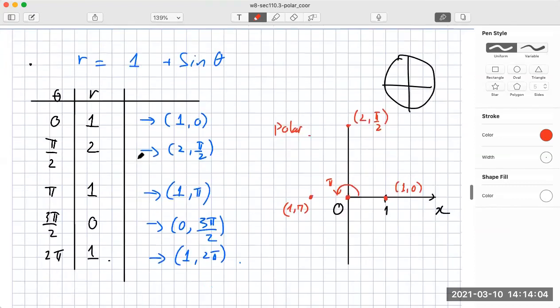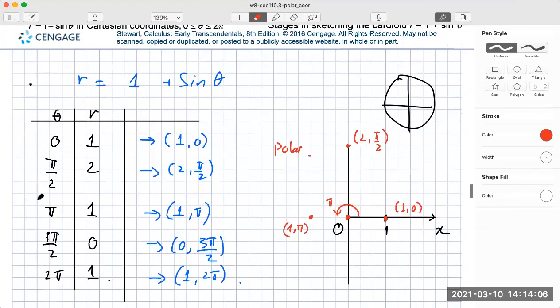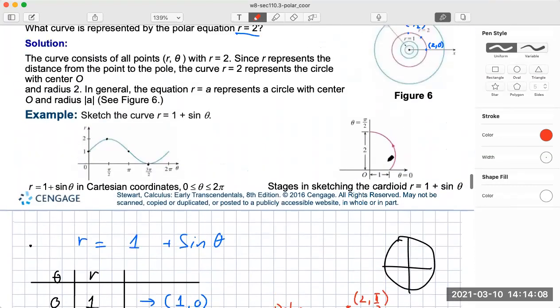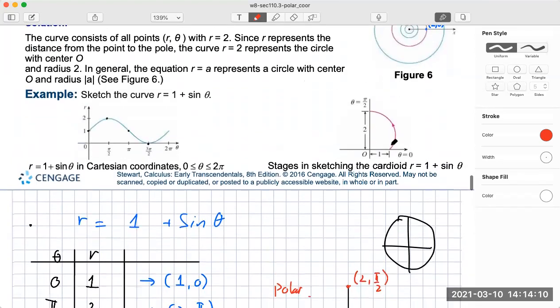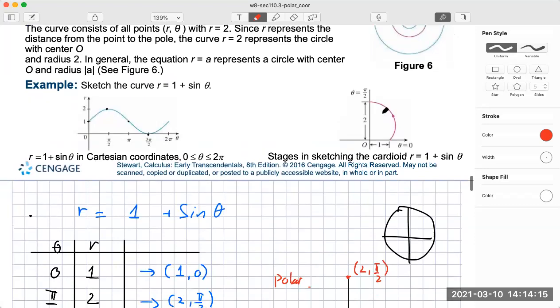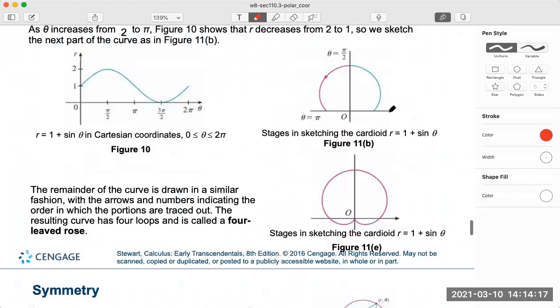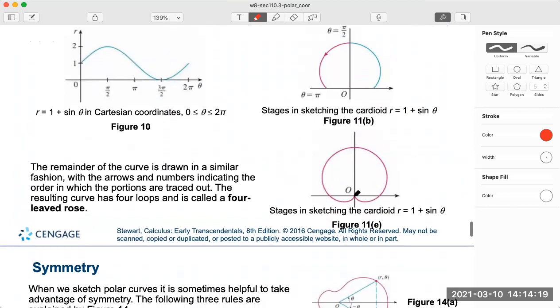So if we pick more values of theta, we will see how it changes from 0 to pi over 2. And the whole plot of that will be like this, okay? This is the sketch of this function in the polar coordinate system.